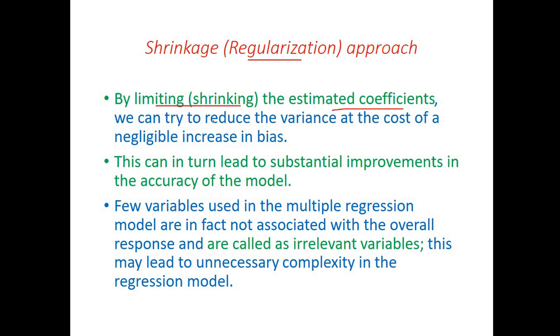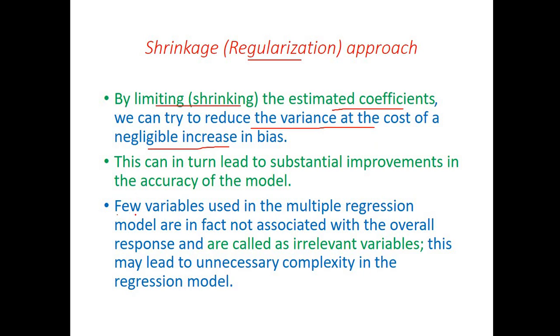That is, we try to reduce the variance at the cost of a negligible increase in bias. This can in turn lead to substantial improvement in the accuracy of the model. A few variables used in the multiple regression model are in fact not associated with the overall response and are called irrelevant variables. This may lead to unnecessary complexity in the regression model.